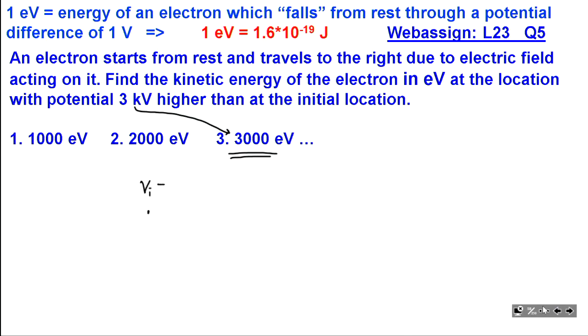So initial potential is 0, final potential is 3000 volts.